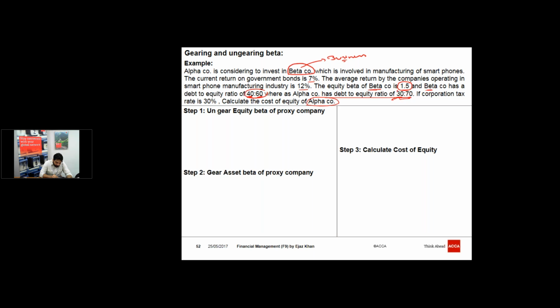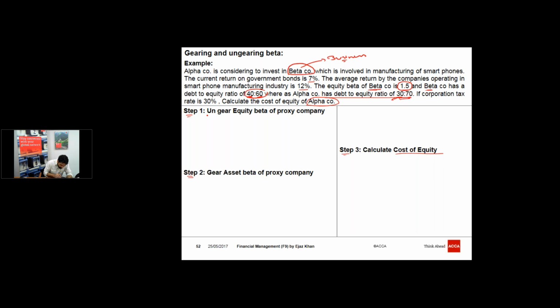Then we have to incorporate the financial risk of Alpha Company to get the equity beta of Alpha Company, which will be reflecting both business risk and financial risk of Alpha Company. Now, how do we do it? We have got two steps for doing this, and the third step will be calculating the cost of equity.